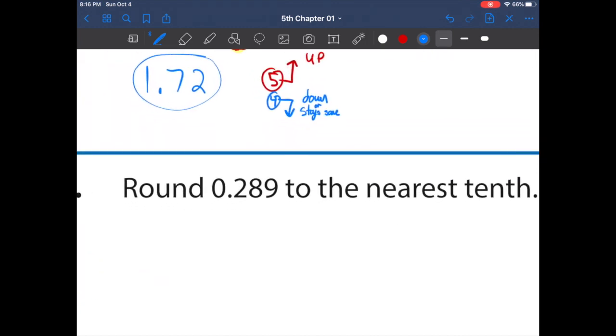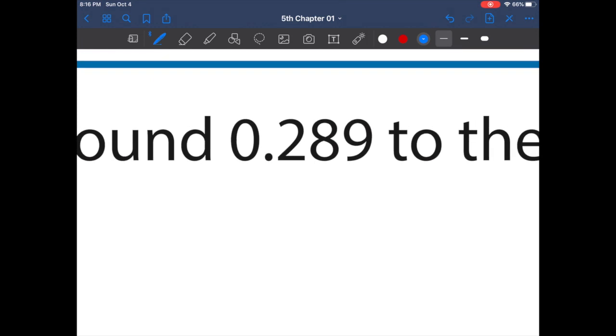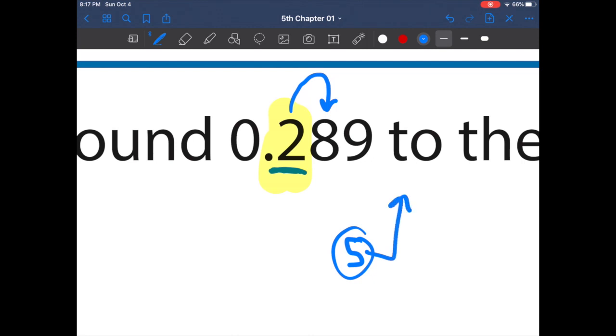It says round 0.289 to the nearest tenth. Well, which one is in the tenth place? I know that this one is in the tenth place. So I'm going to highlight it really quick so we can see it. And what did we say? To round to the next number, we want to look to the number to the right, and that's an 8. Okay, and we said if it's 5 or bigger, we round up.